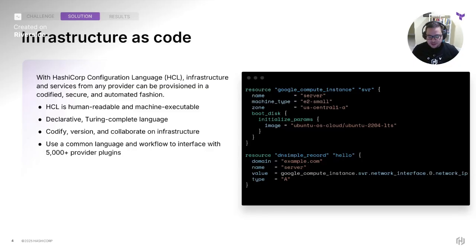And on the bottom, we have a DNS record, right? What type of DNS record is this? It's an A record. What domain are we covering here in this record? It's example.com. So I just want to demonstrate how readable, how easy it is to go through HCL, and it provides that ease into looking at your organization's infrastructure.